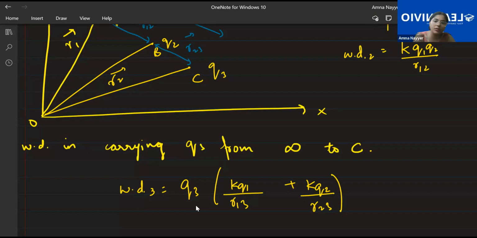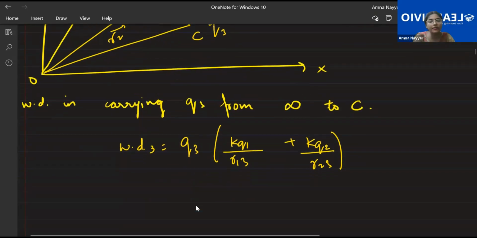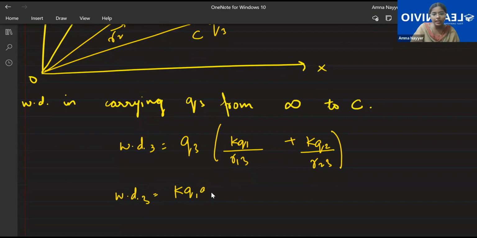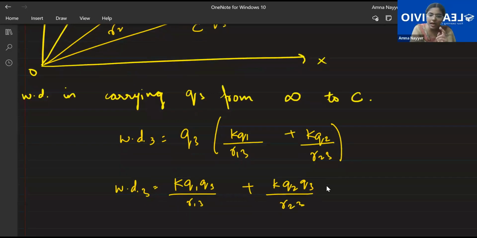It's just that we are introducing one more charge, so it will also have its effect. Is it clear or not? Yes, ma'am. Okay. Now, if I just open this up, this will be K Q1 Q3 by R13 plus K Q2 Q3 by R23.